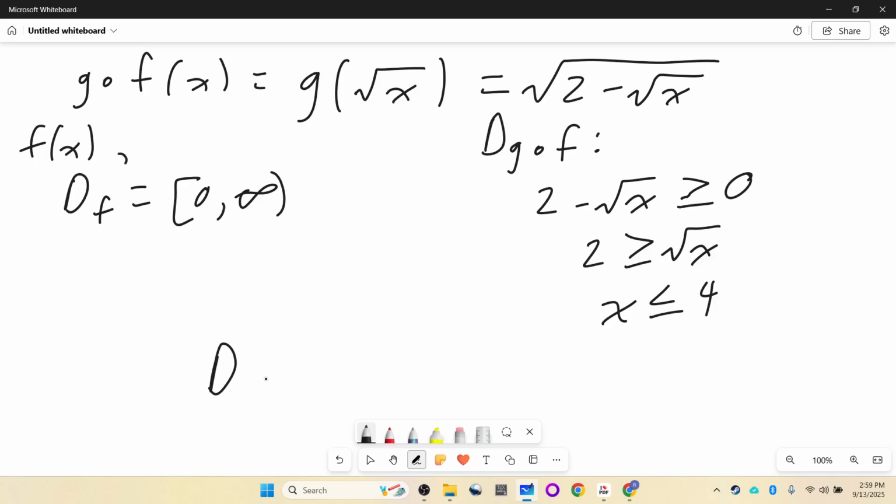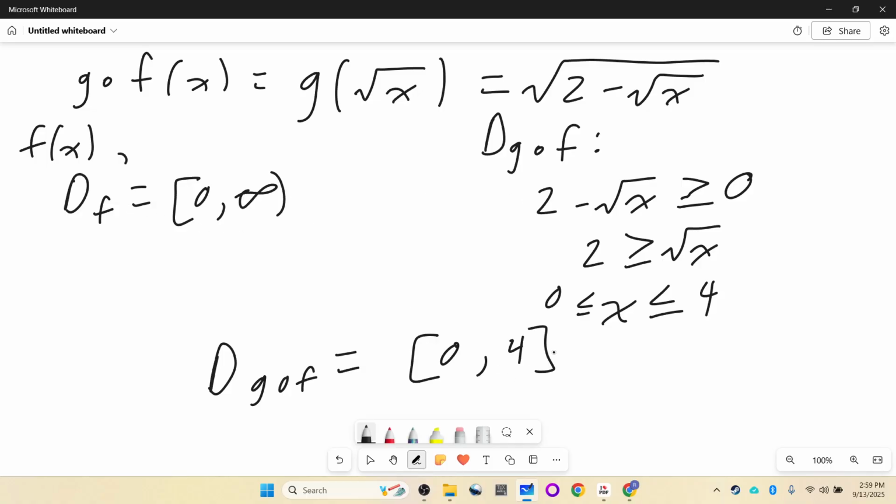So the combined domain would be 0 to 4, greater than or equal to 0. The domain of the combined function is 0 to 4.